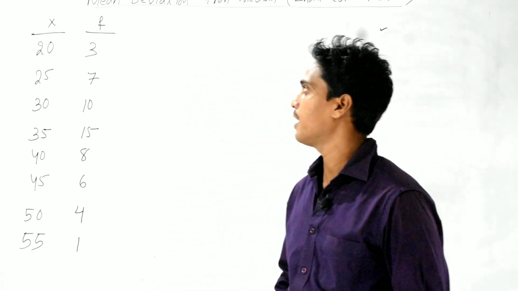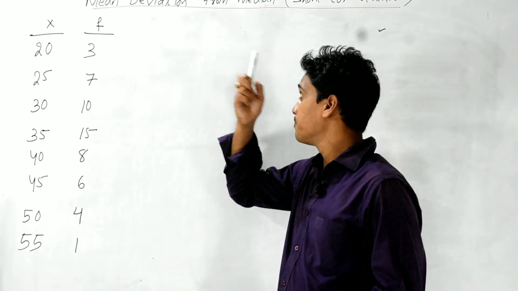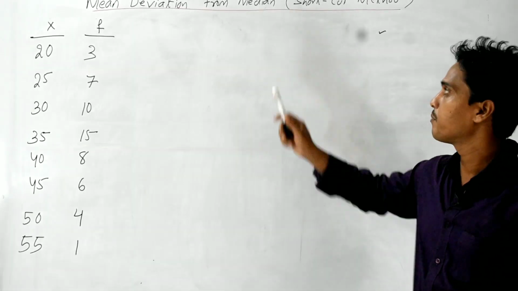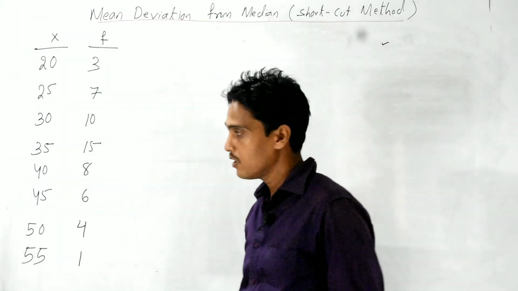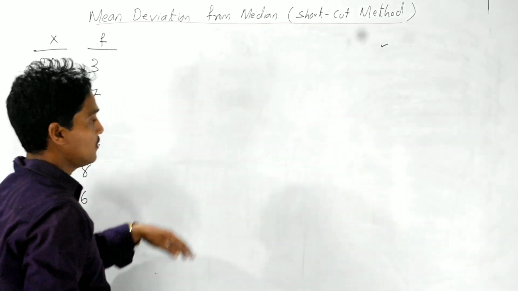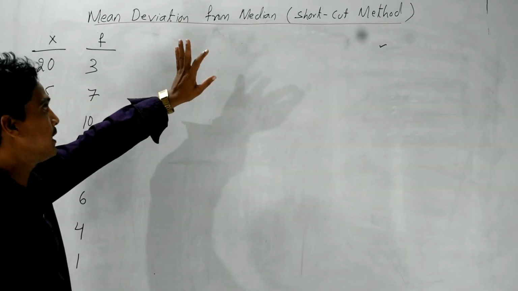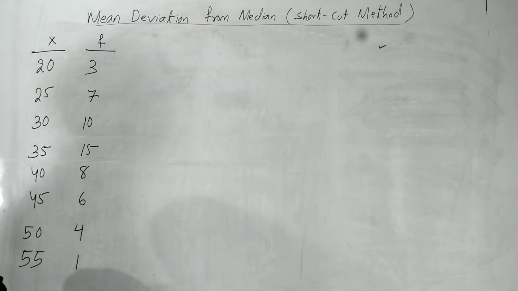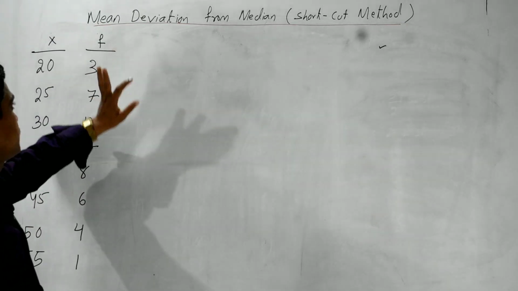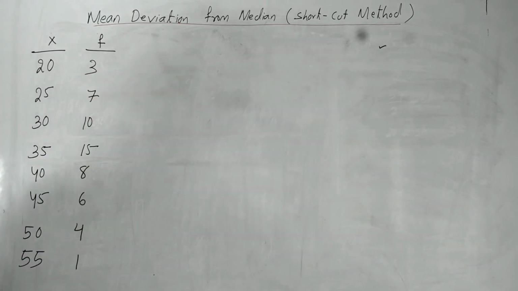Now we have to find out mean deviation from median under shortcut method. So first of all we have to find out median from the given series or distribution, and we have to convert the given series into median format.